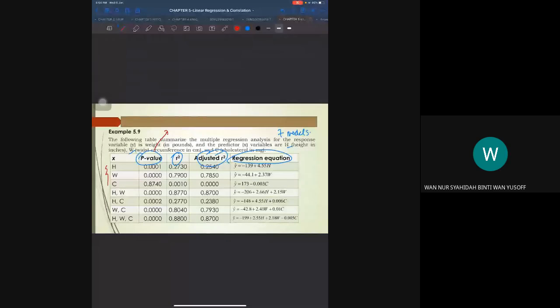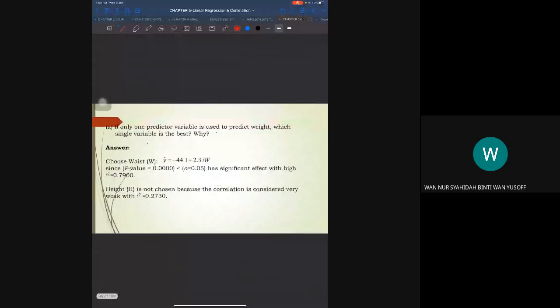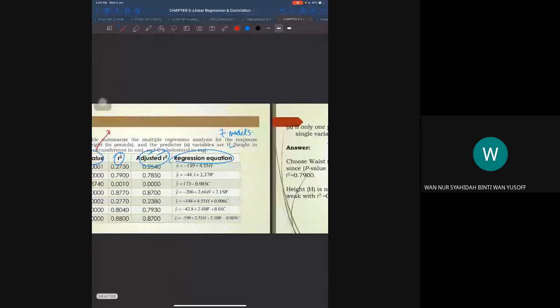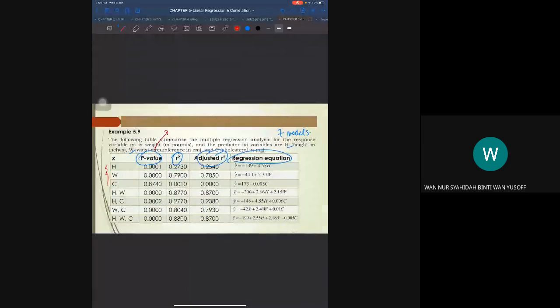So H and W are the variables with the significant p-value because, okay, here it didn't mention the alpha, so 0.05. Both p-values are less than alpha, so both variables are significant, which means we can consider these two.